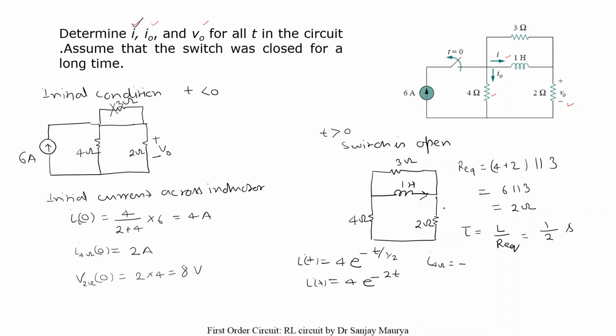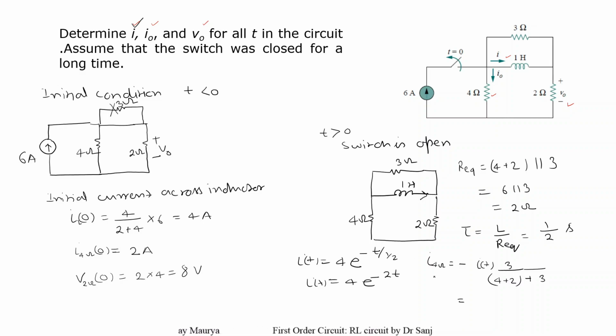So minus, I(t) into 3 divided by 4 plus 2 plus 3. Just by solving this I can find the current in 4 ohm, and if we multiply by 2, then we will get the value of voltage also.